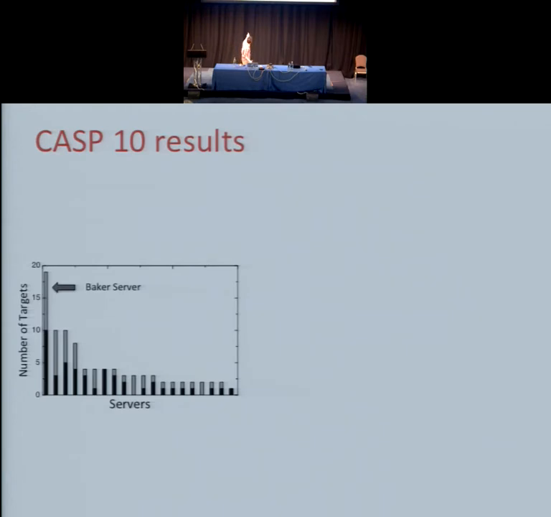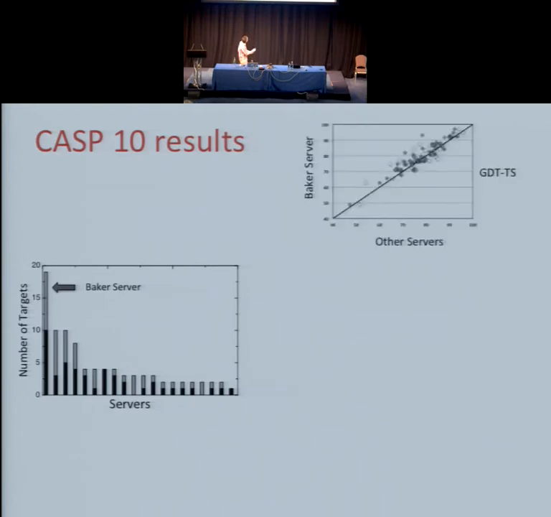This is plotted as a function of GDT, which looks at the backbone accuracy of the models. What I'm plotting here is comparing the other servers to the Baker server on these very close homology modeling cases shown in black. But if you look at this, this is just a backbone-only measure.